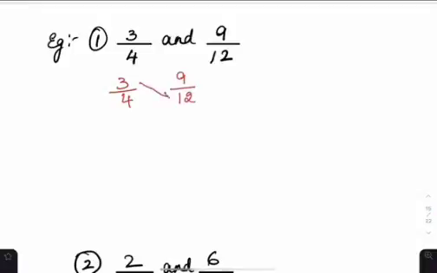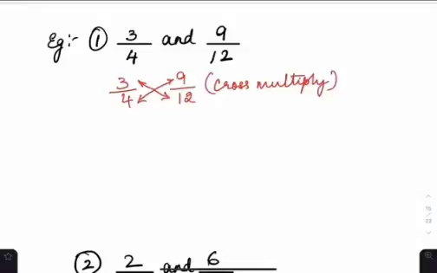I need to cross multiply. If I cross multiply, then what is the product that I get? Now 3 into 12 by cross multiplying numerator and denominator. Then the second one is 4 into 9.